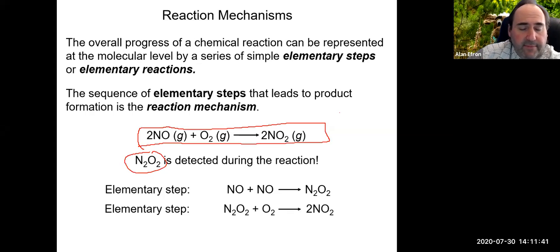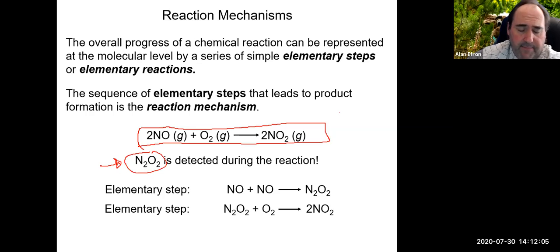What that implies is that there must be multiple steps happening for this reaction to take place. It also means that somewhere along the way we should produce this species, and in addition to it being produced, somewhere along the way it's got to go away. Otherwise, it would still be present in the overall reaction.